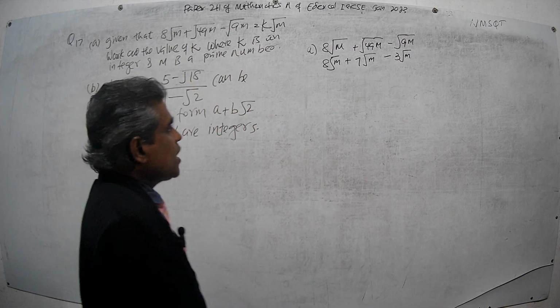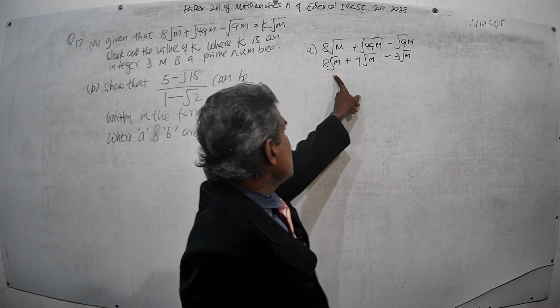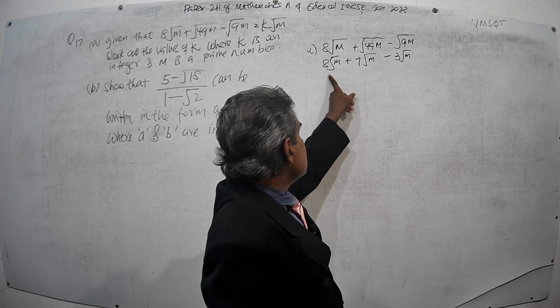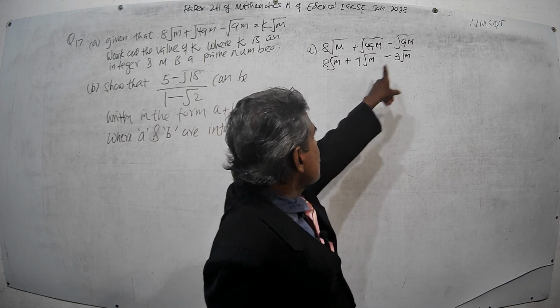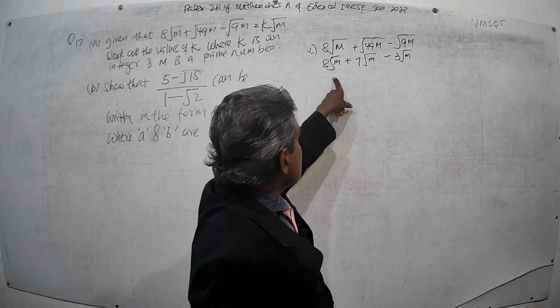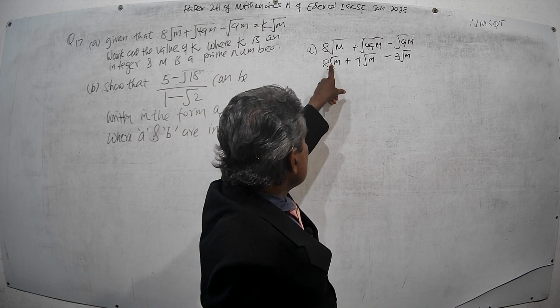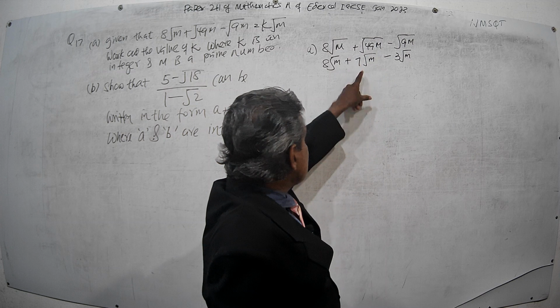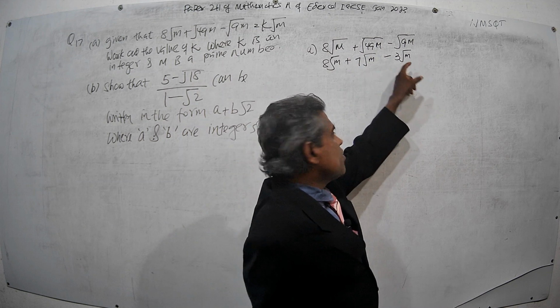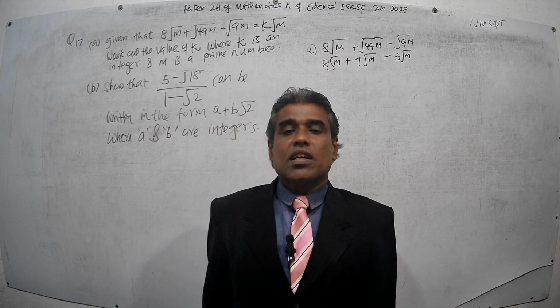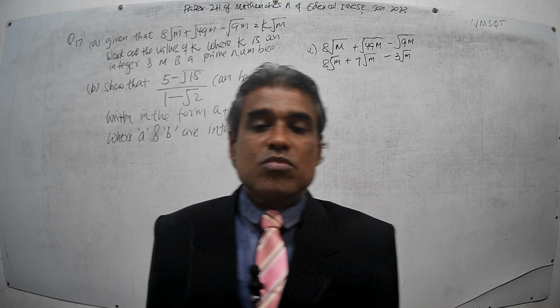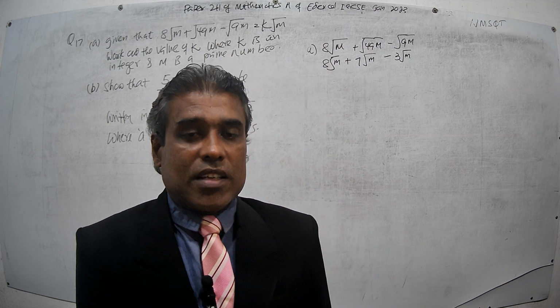Now these are surds, there are 3 surds here. In those 3 surds, the surd factor is the same. Here the surd factor is root m, here also root m, and here also root m. Therefore, these are 3 surd terms with equal surd factors.